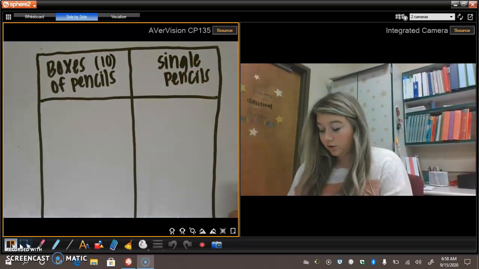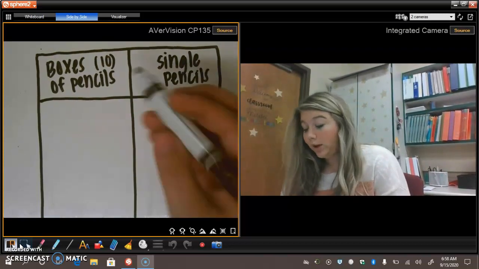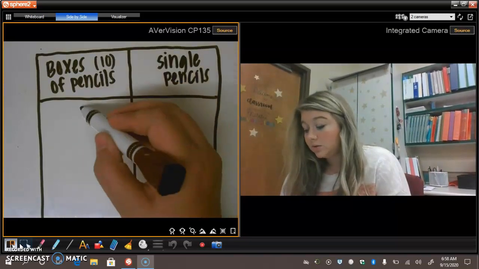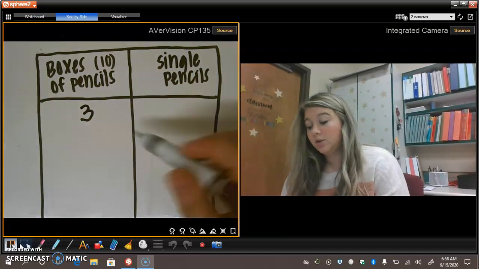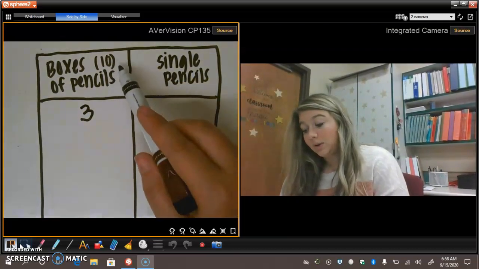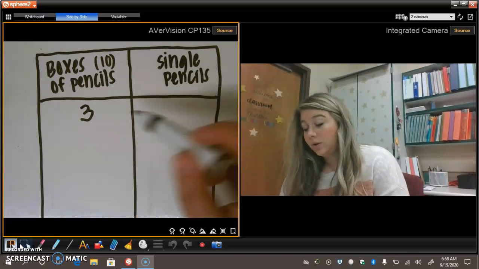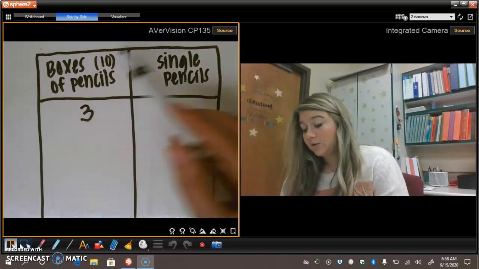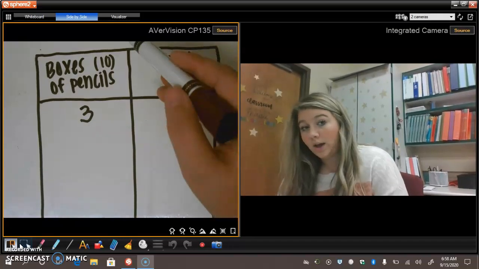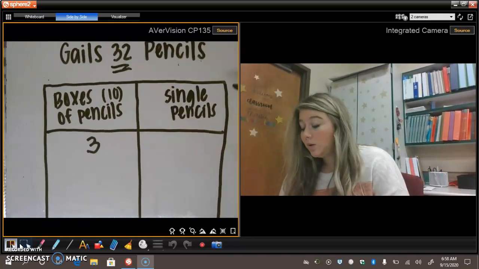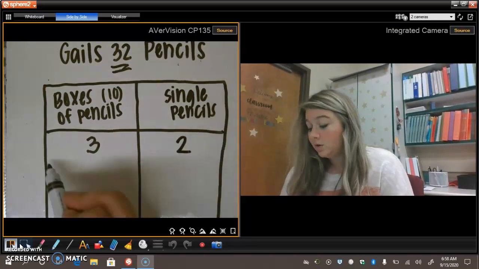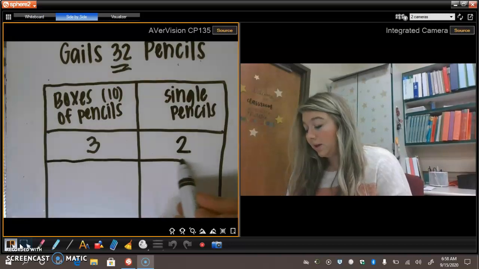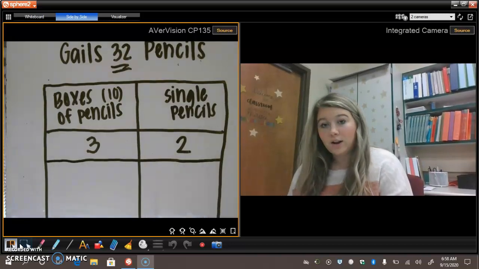So if we did 3 boxes of 10 pencils, that would put us at 30 pencils, because 10 plus 10 plus 10 is 30. But 30 is not quite 32 pencils. So we would still need 2 single pencils. So that is one way that we can make this combination, but let's try to find another way.